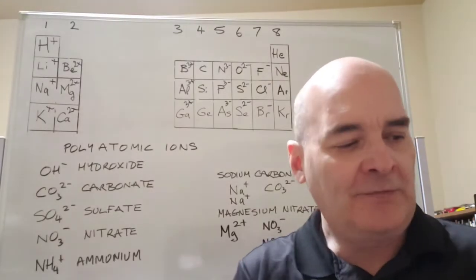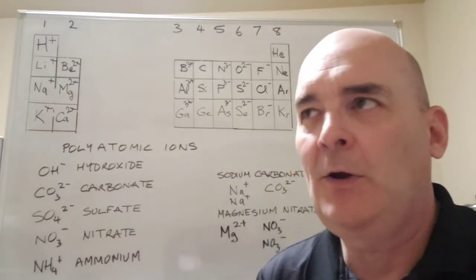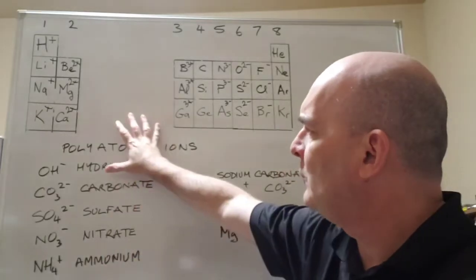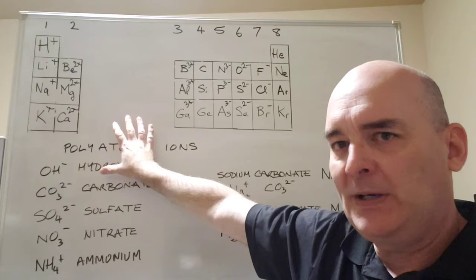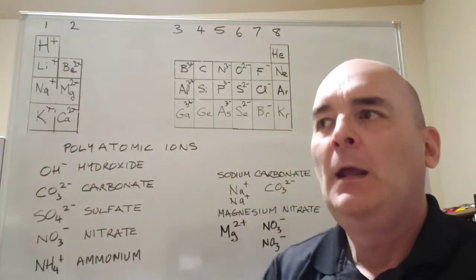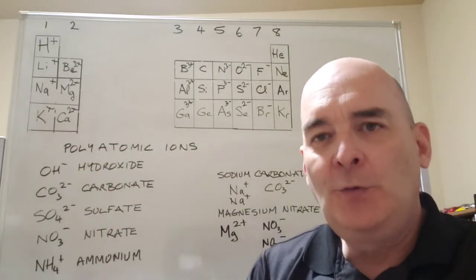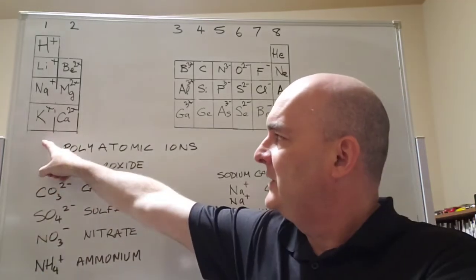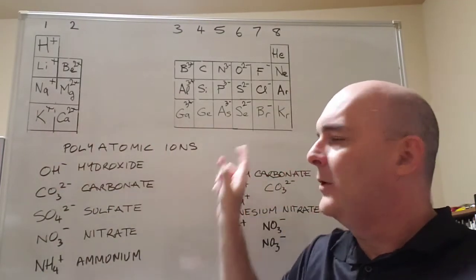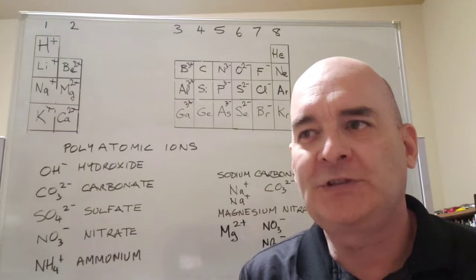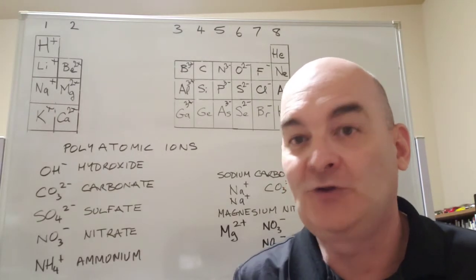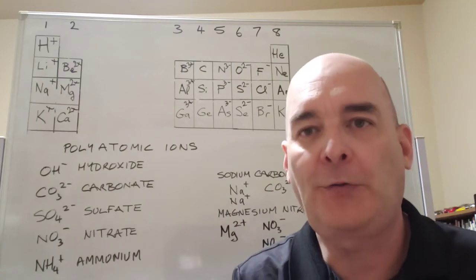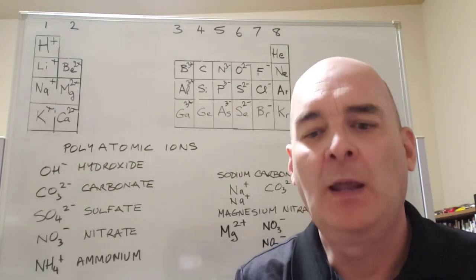The other complicating factor in naming ionic compounds comes when we look at the transition metals. We haven't done anything on the transition metals at all up to this point. Well, the transition metals don't have the fixed oxidation states that the main block do. So something like iron is allowed to have a 2 plus cation or a 3 plus cation.